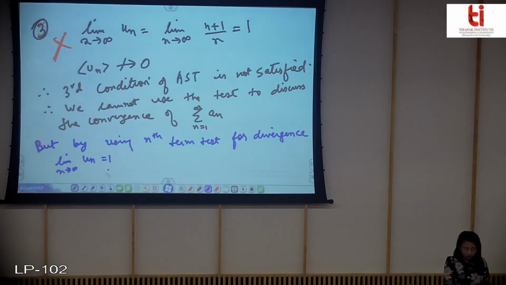So therefore the limit of n tending to infinity an will be equal to the limit of n tending to infinity of minus un, which is equal to this.